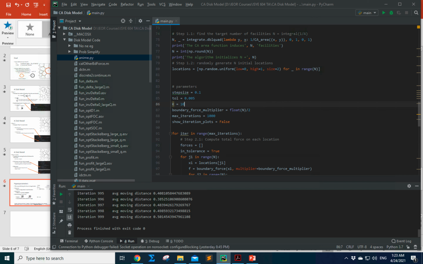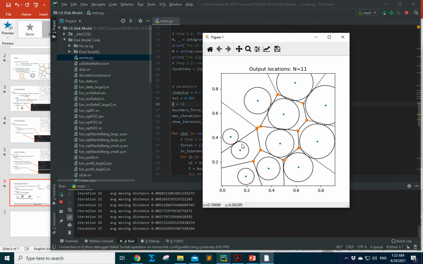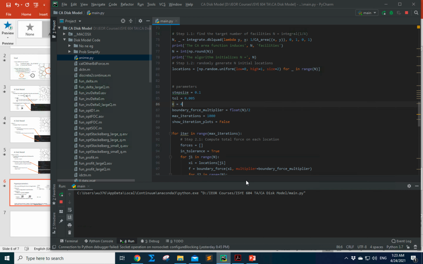For example, you can increase the value of k and reduce the length of the radius. If k is 10, you will have very, very small circles, and likely the algorithm will terminate in a very small number of iterations because they're small and they don't tend to overlap with each other. So we want to gradually increase k from pi, for example to 4, such that we find a satisfying solution.